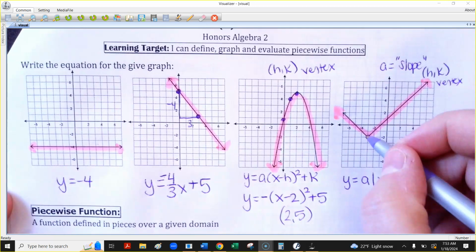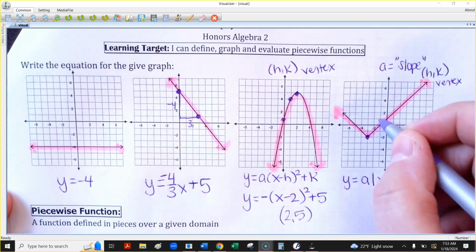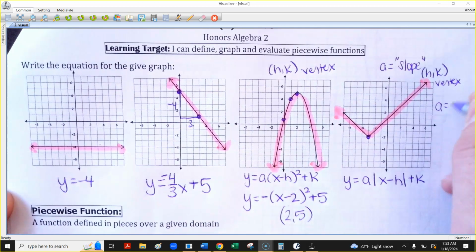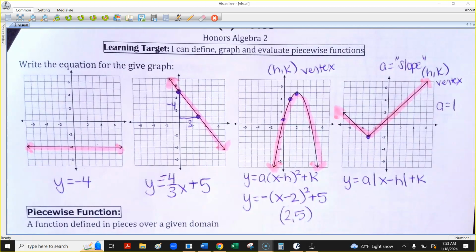You're just going up 1 over 1, up 1 over 1, so the a value for that graph is just going to be 1.